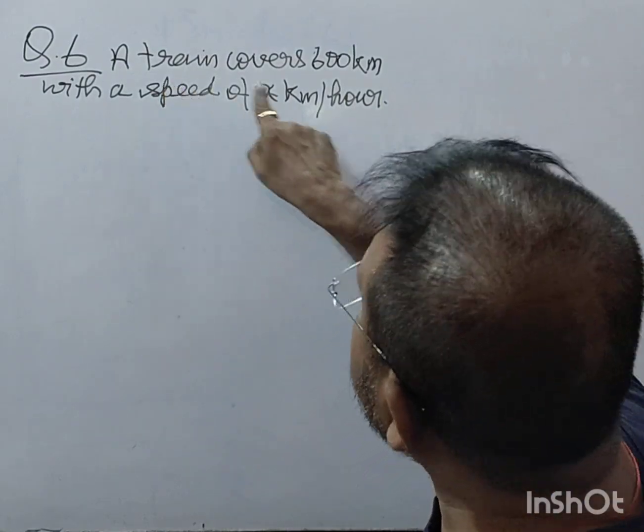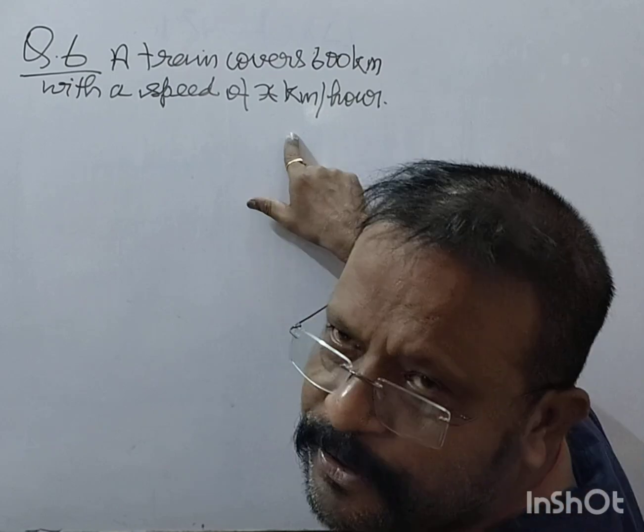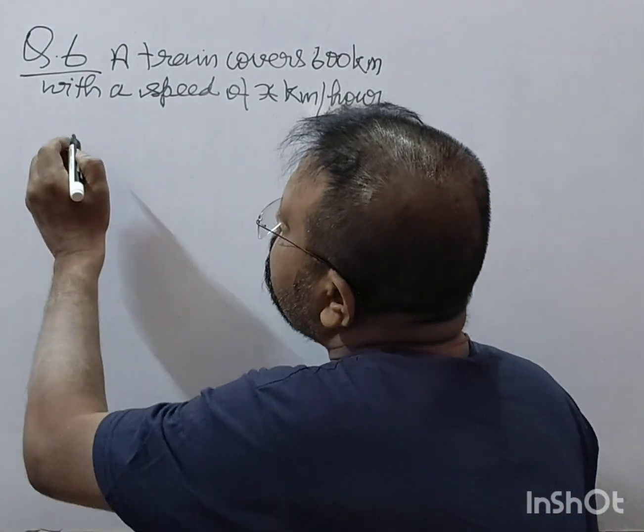X kilometer per hour. A train covers 600 kilometer with a speed of x kilometer per hour. So how much time it will take?